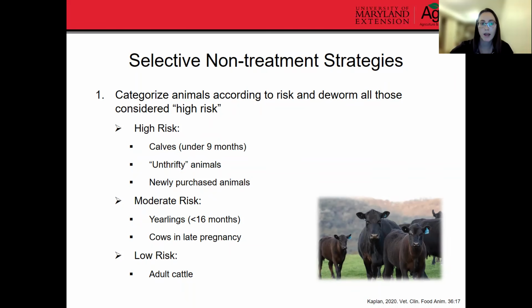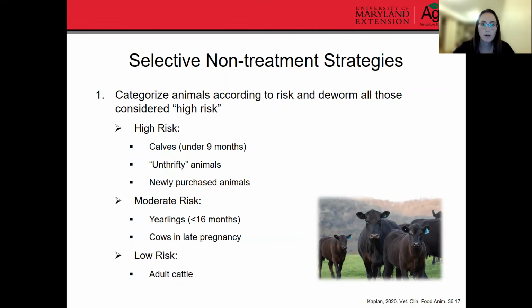So those with high risk would be animals like calves, young calves under 9 months, any unthrifty animals, so animals that look like they're not performing well, they have rough hair or anything like that. Any newly purchased animals are also considered high risk. And then our moderate risk animals would be yearlings and cows in late pregnancy. And then our low risk animals would be our adult cattle.